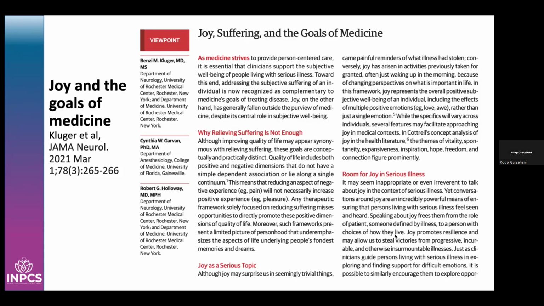Joy promotes resilience, and it allows them to steal small victories from progressive, incurable, and otherwise insurmountable illnesses. So it's possible for us to explore these moments of joy and to celebrate it with them. If anybody wants this article, please do write to me. I'll be happy to share it with you.